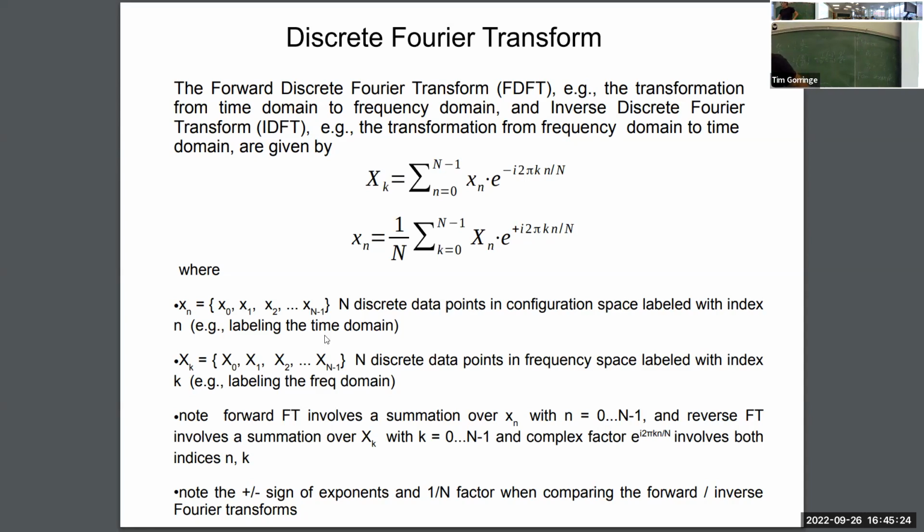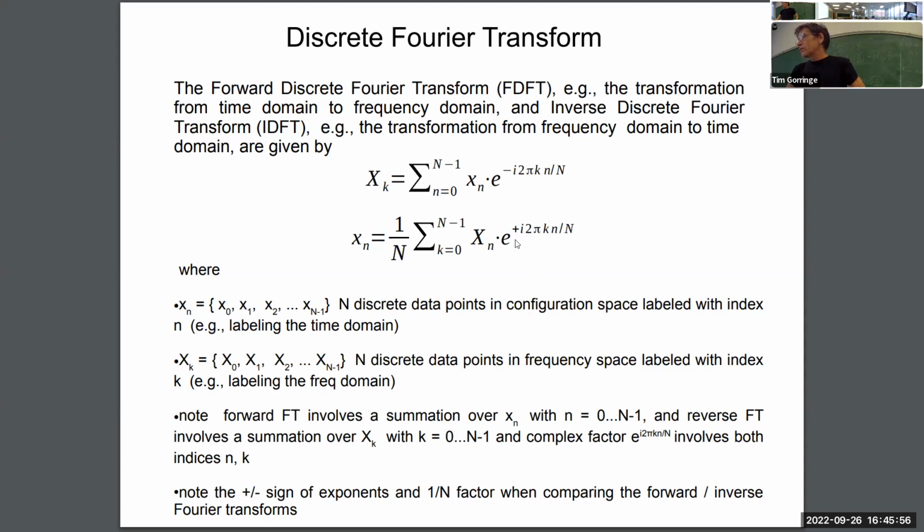So there's both a forward Fourier transform and a reverse or inverse Fourier transform. Of these two equations, the upper one is the forward discrete Fourier transform and the lower one is the inverse discrete Fourier transform. Let me describe a few bits and pieces in these two equations, because we're going to need to get used to them, or we're going to have to code them.